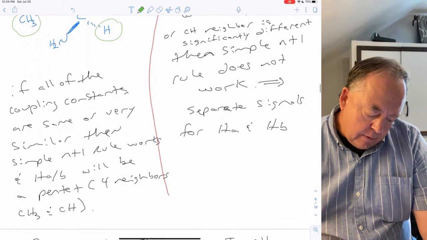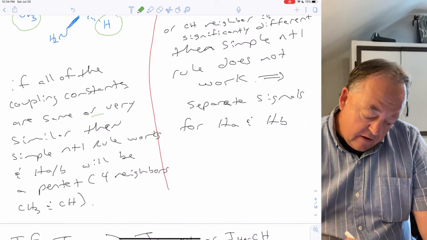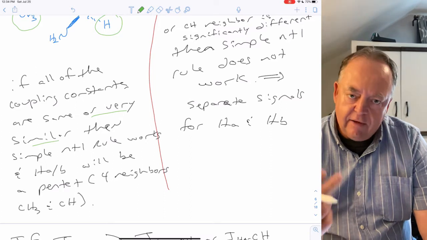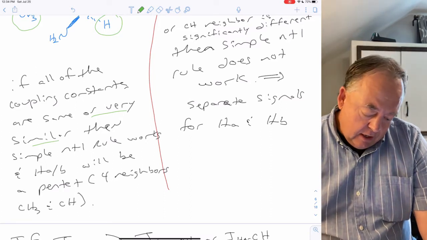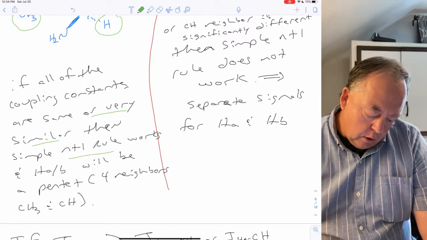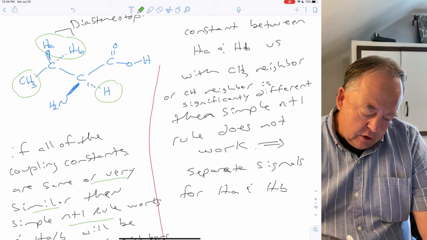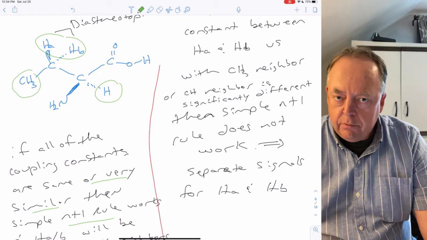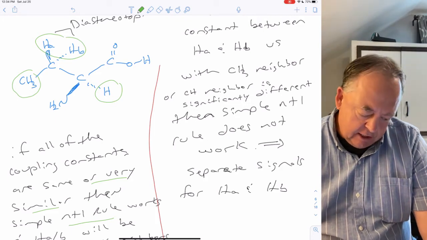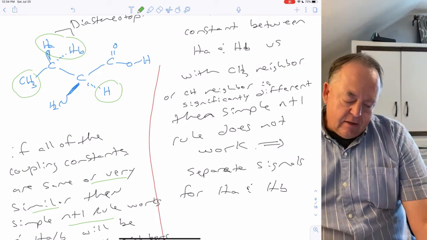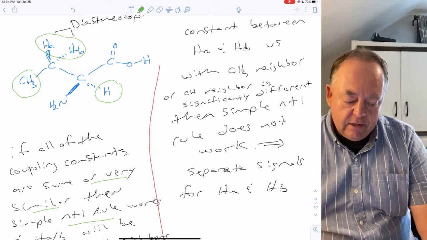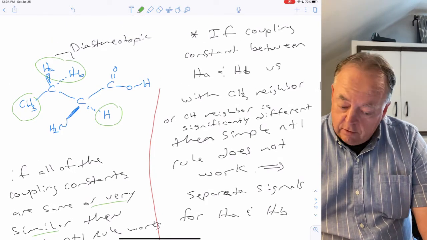If all of the coupling constants are the same or very similar, and your NMR doesn't have good enough resolution, then the simple N+1 rule would work. Then CH3 and H make 4 neighbors, so that would be 5 peaks. So HA and HB would be a pentet. That's if all of the coupling constants are very similar or the same.